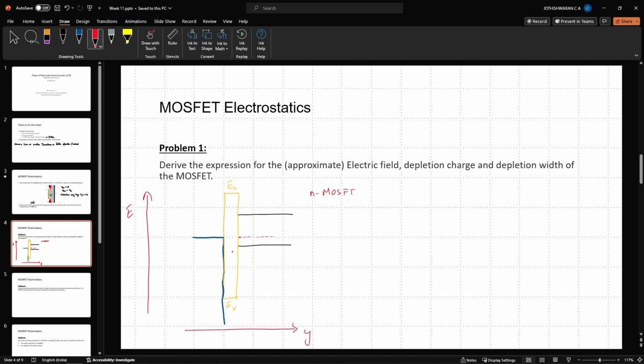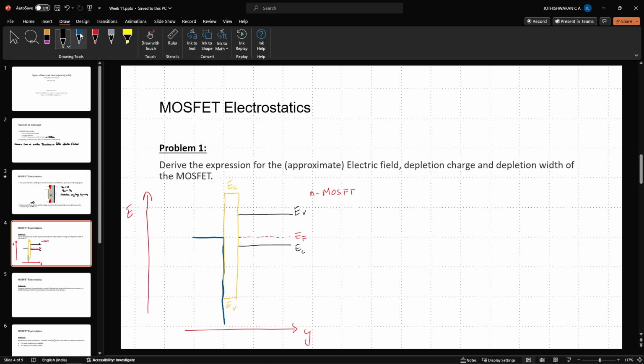We are moving from the metal to the oxide to the semiconductor. Before the discussion, let me just finish the figure. So we have EF, and then EC and EV.